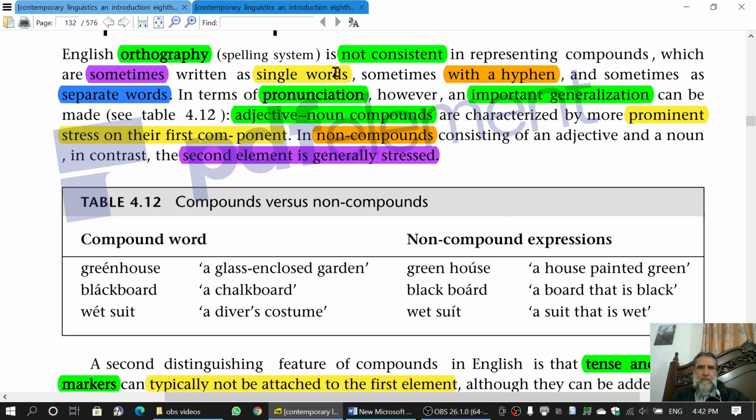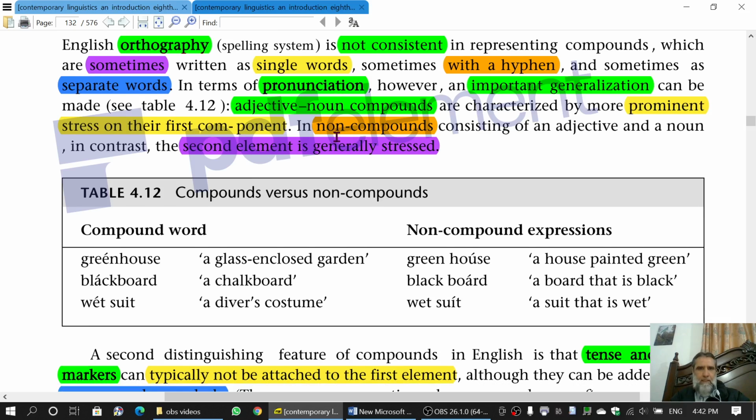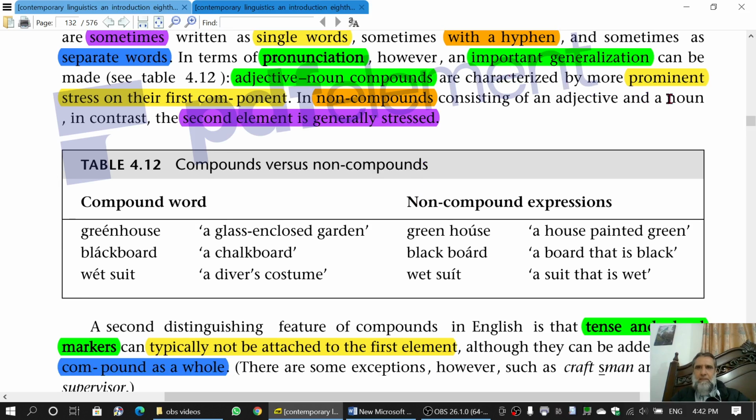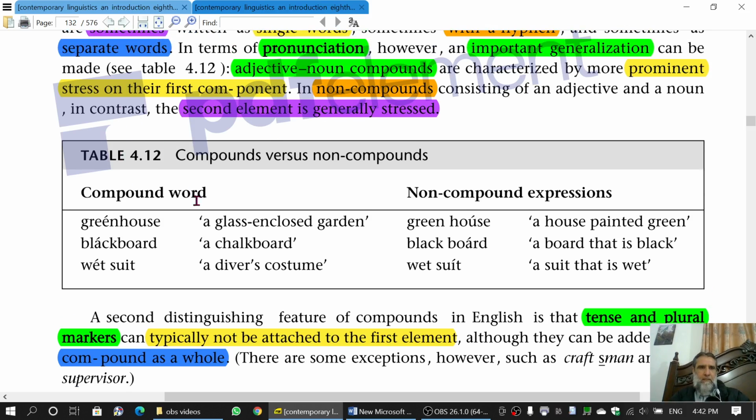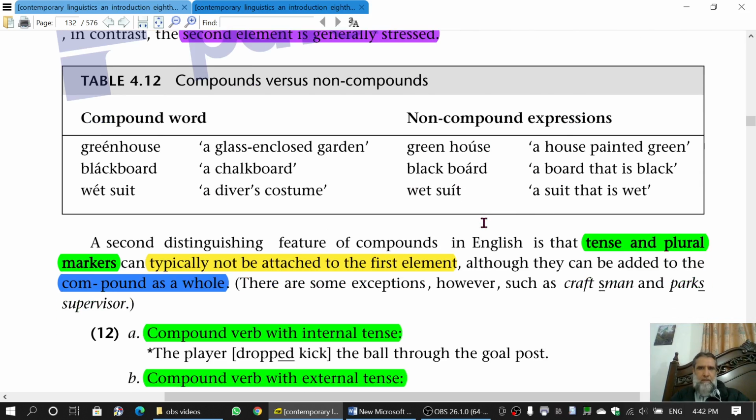So orthography is not consistent, but pronunciation to some extent is consistent, though we cannot say 100%. However, a generalization can be made, and this was that generalization: if adjective noun compounds are there, they have a prominent stress on their first element, and therefore they are differentiated from the non-compounds where the stress is on the second element or on the noun.